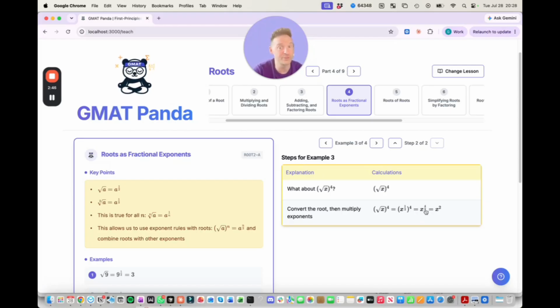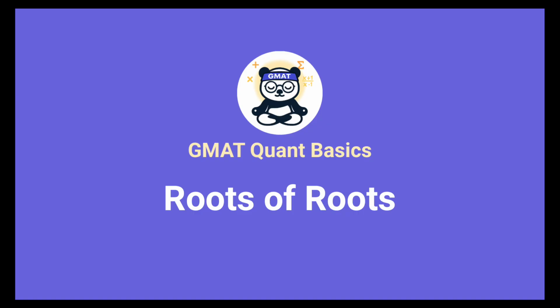And so we do 4 times a half to get 4 over 2, which simplifies to 2. So this square root of x to the power 4 can actually be written quite simply as x squared. So this is typically when we want to go from roots to exponents using fractions. It's when we combine them with other exponents and we want to simplify the calculation.